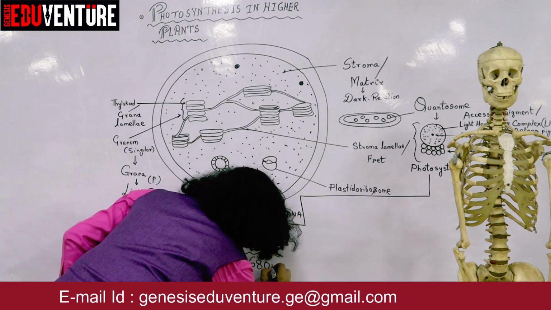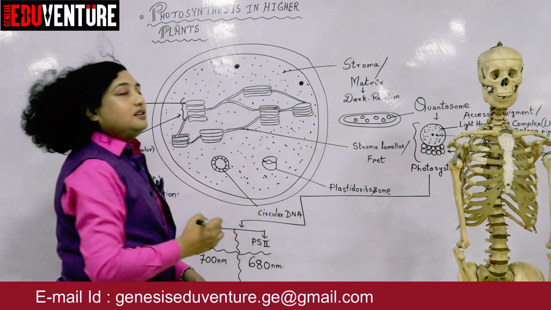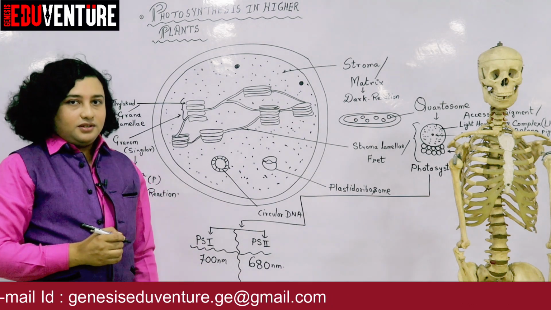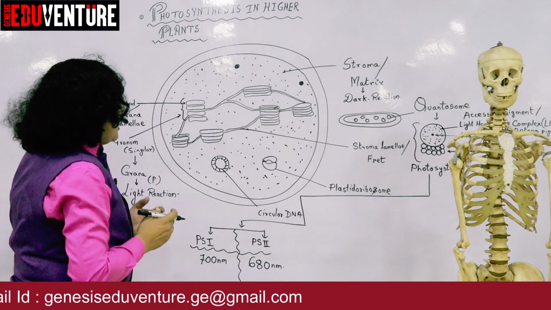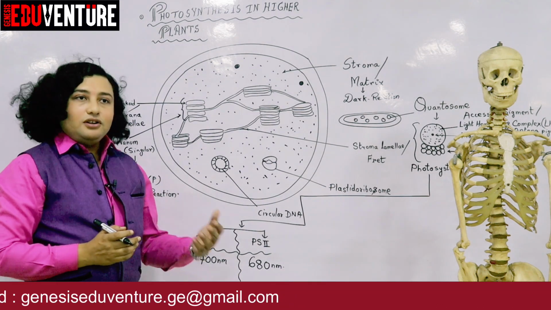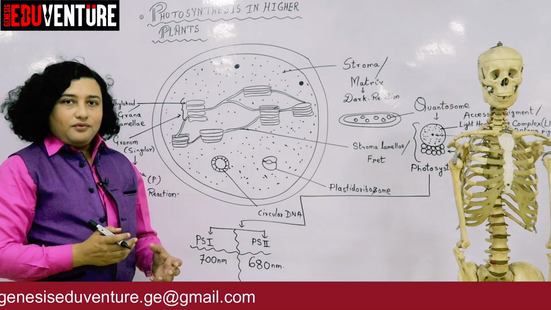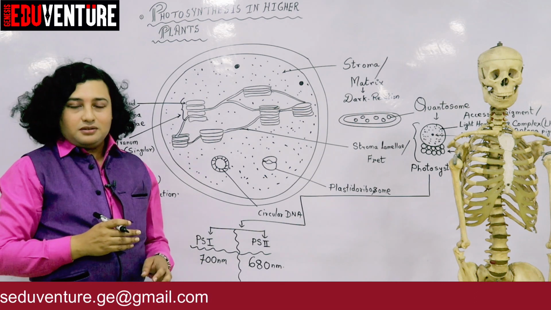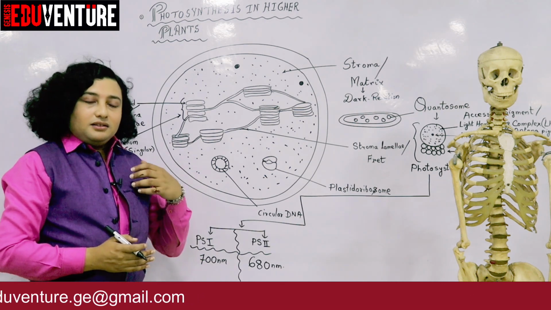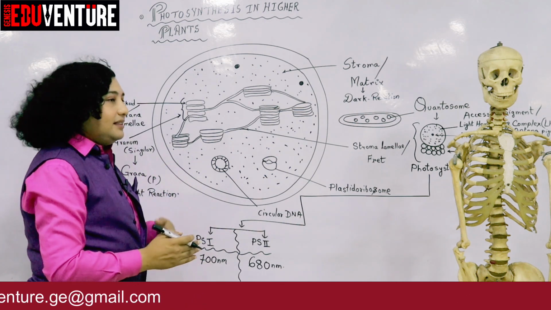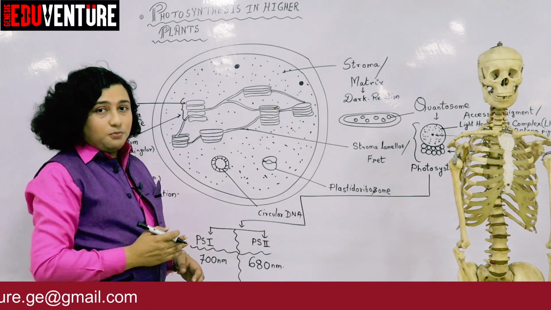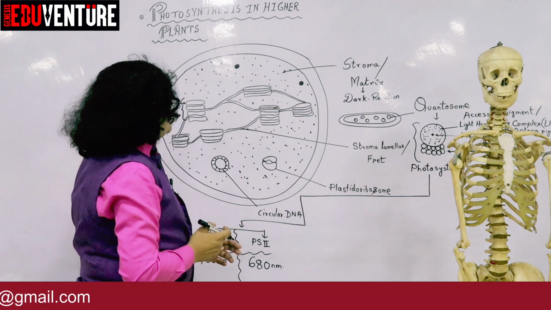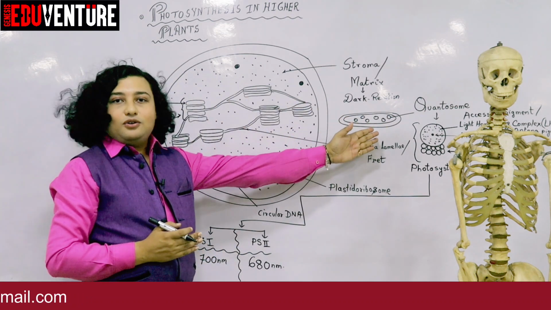That means at 680 nanometer it functions very well for the purpose of photosynthesis. Now with the advent of the electron microscope, we find that the concept of the quantosome was mistaken, and the entire pigments and the carrier complex responsible for transport of electrons are found to be located on the membrane of the thylakoid.